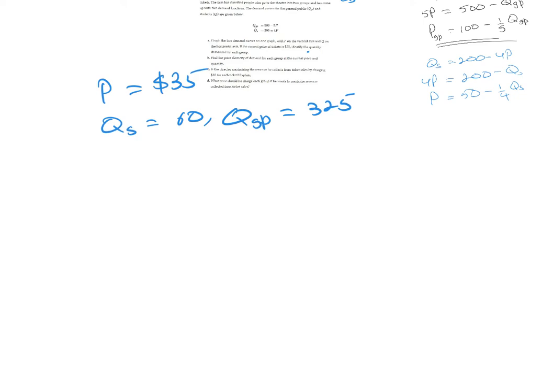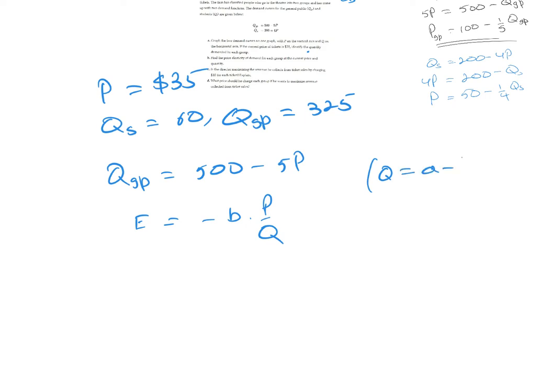So just to reiterate, the demand curve for general public is given by 500 minus 5p. And we know also that the elasticity of demand is given by minus b times p over q, where we've seen that the elasticity of the demand curve of this function a minus bp. And this is what we had seen in chapter 2. So with this reasoning, our b is 5.